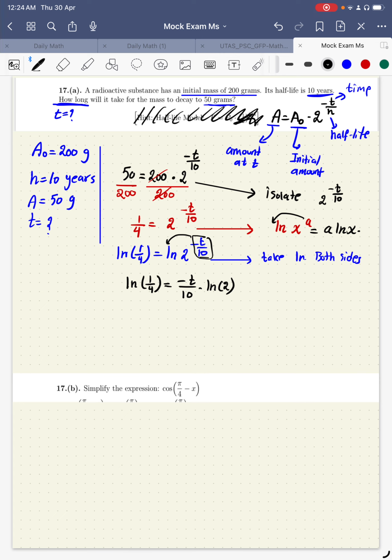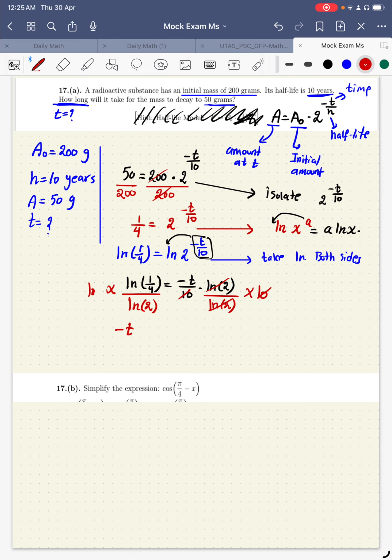I want to keep t on one side. So I'm gonna divide both sides by ln of 2, and also I'm gonna multiply both sides by 10. So I'm gonna have minus t, and of course this 10 gonna cancel with this 10, and this ln of 2 gonna cancel with this ln of 2.